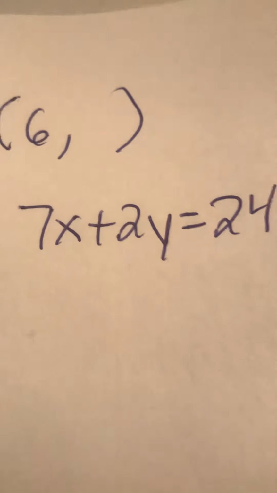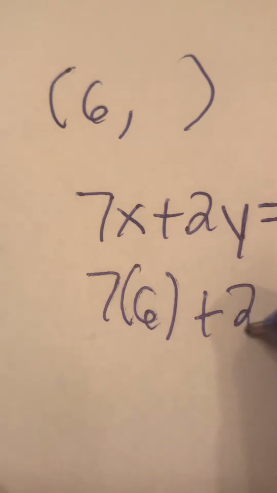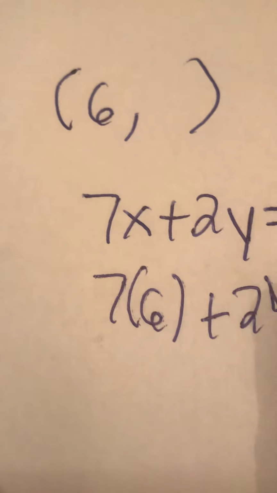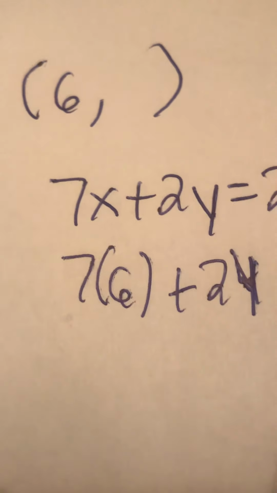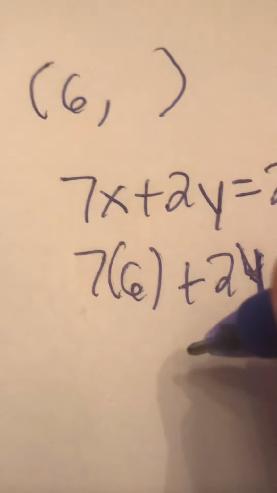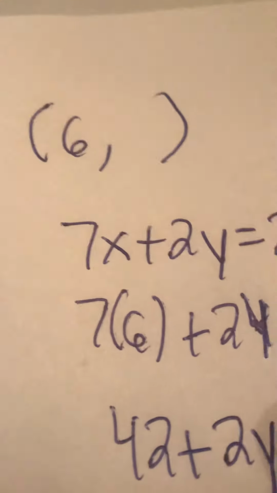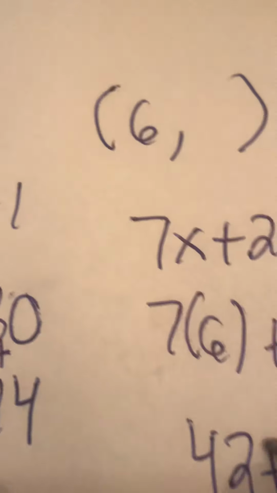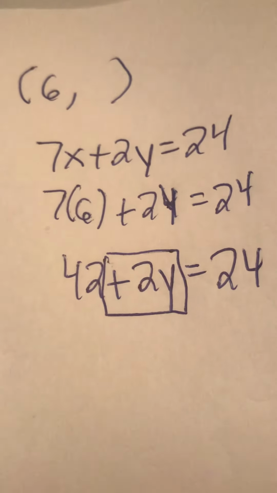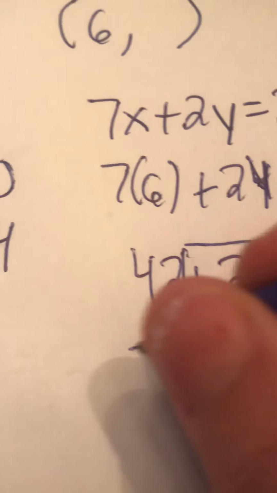Remember, I said x was 6, so I'm going to put the 6 in where the x was. That's a 2y. Don't want to confuse that. It's not a 24, that's a 2y. So 7 times 6 is 42 plus 2y equals 24. And again, a common two-step equation. We're going to solve for y. The opposite of adding 42 is to subtract 42.